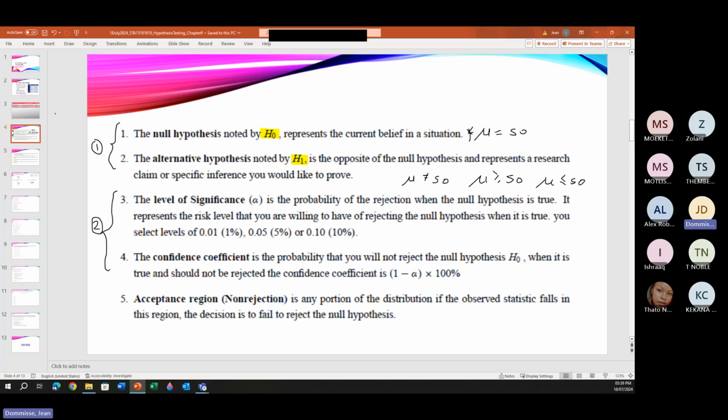Remember we used things like a 90% confidence interval or a 95% confidence interval.